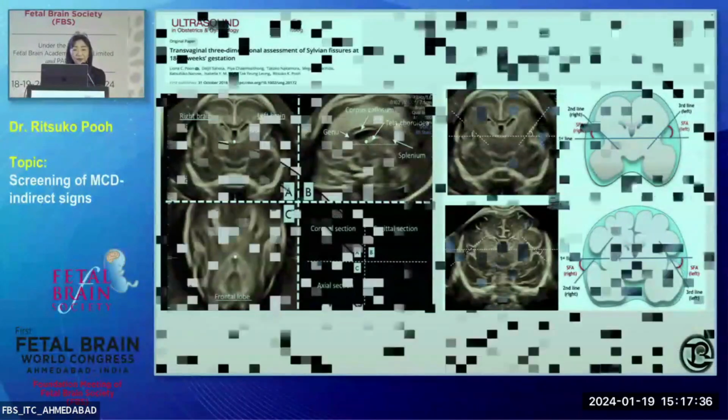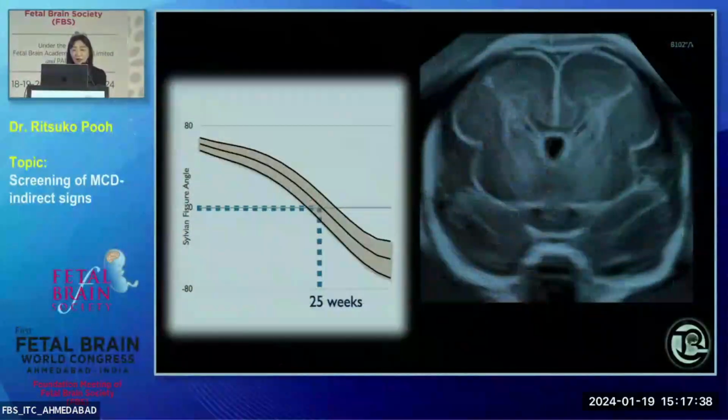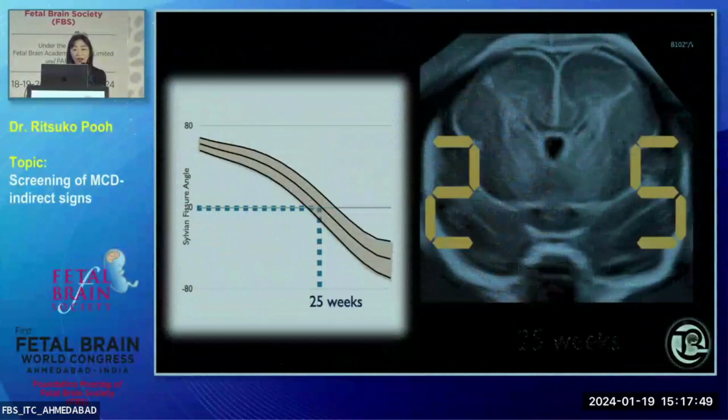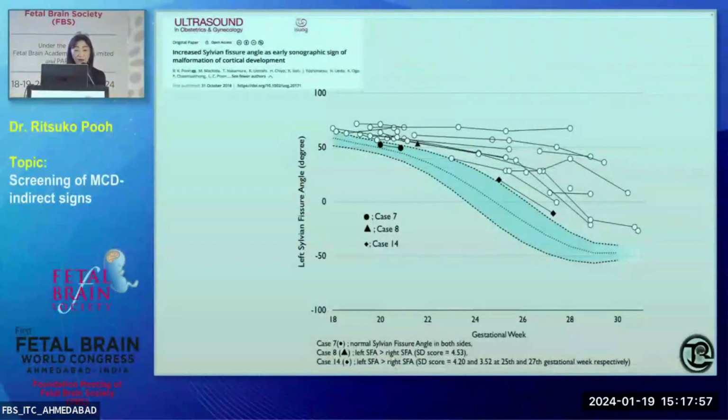And then we had the data like this: the Sylvian fissure angle is 0 degrees when the Sylvian fissure is rectangular, at 25 weeks. So it is very easy to remember, 25 weeks.